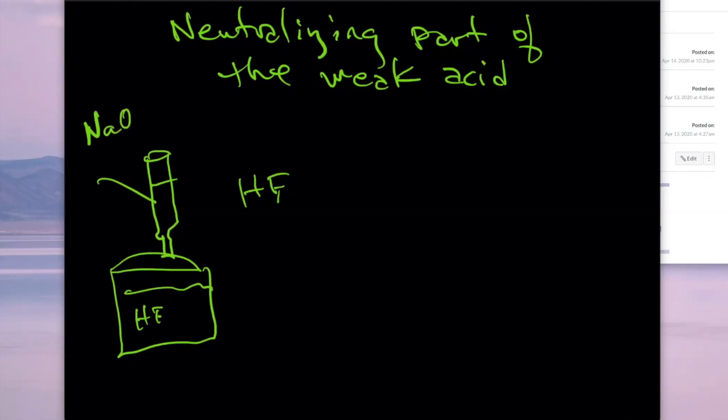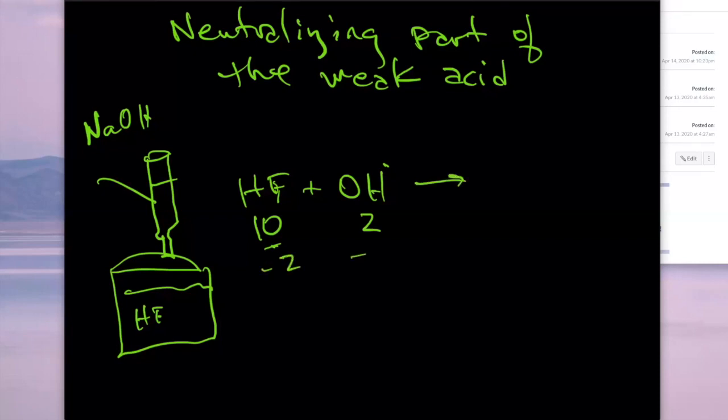But we're not going to introduce the equivalent amount of hydroxide. We're only going to introduce a partial amount of hydroxide. So say we have 10 moles of this and we introduce, say, 2 moles of that, then there's only going to be a partial reaction based on the limiting reagent.